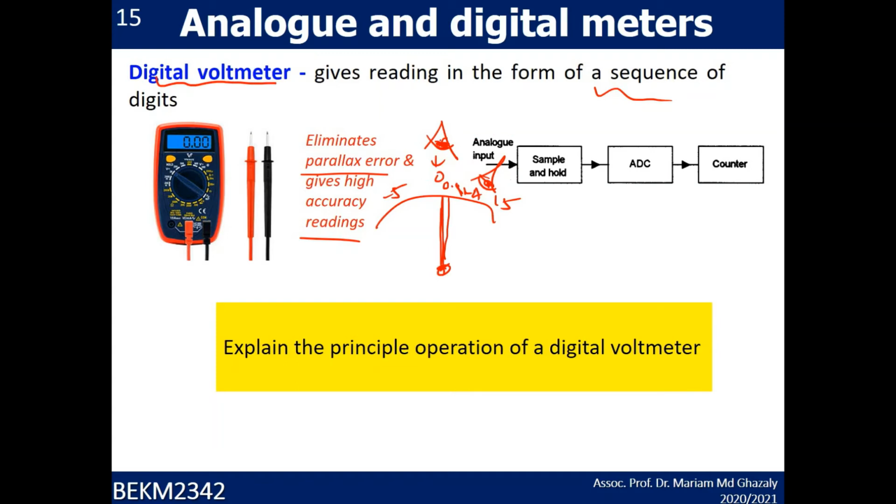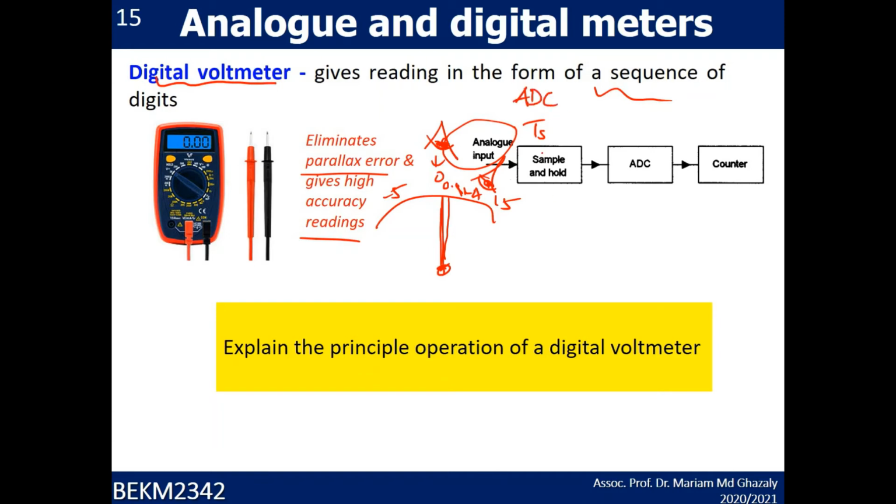For the digital voltmeter, you're going to have the input and output similar to the analog voltmeter, but in addition to that, you're going to have the sample and hold. Sample and hold is something you have learned in chapter 3, signal conditioning, which is from analog to digital converter.